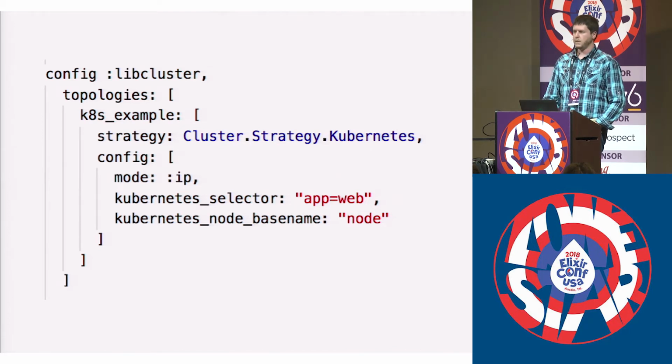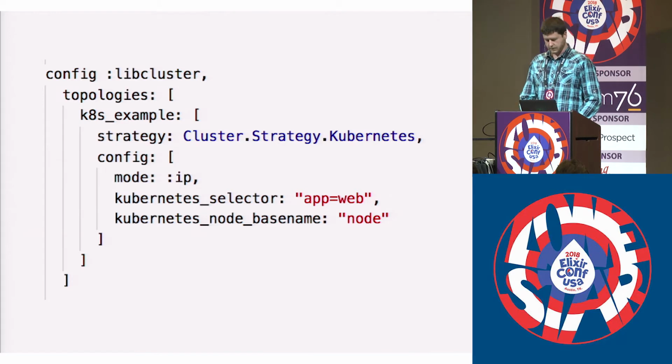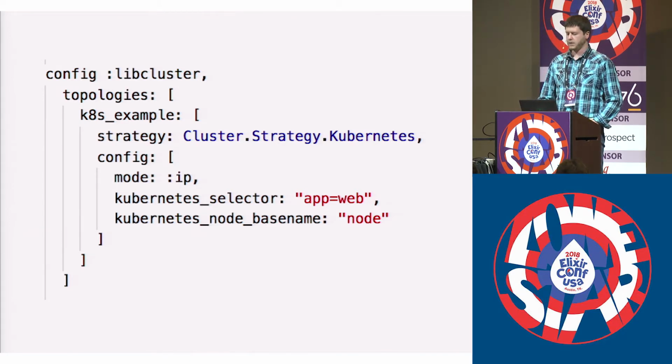So if you bring up another pod in Kubernetes, libcluster can fetch the IP address for that new pod and connect that to the existing Erlang cluster. And there's also support for the Erlang distribution for Rancher, and you can do custom topologies with libcluster.